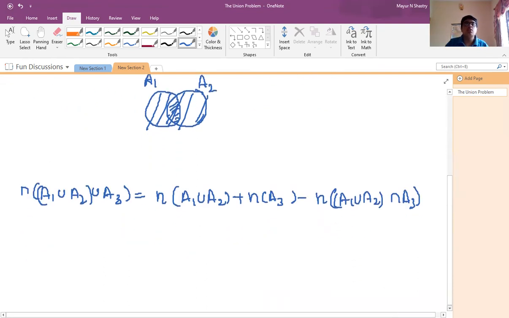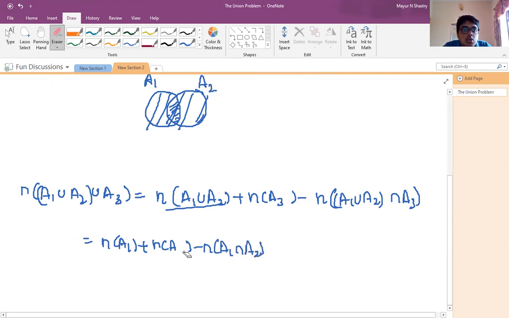Then we need to again apply the formula for this. So that is n of A1 plus n of A2, just what we did, minus n of A1 intersection A2. Then again plus n of A3.